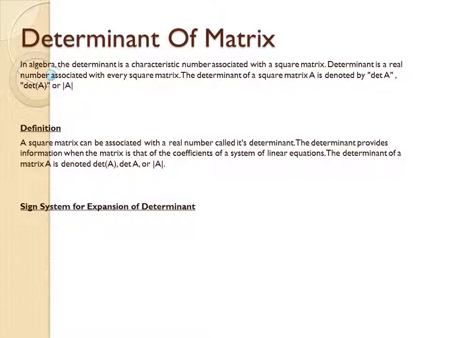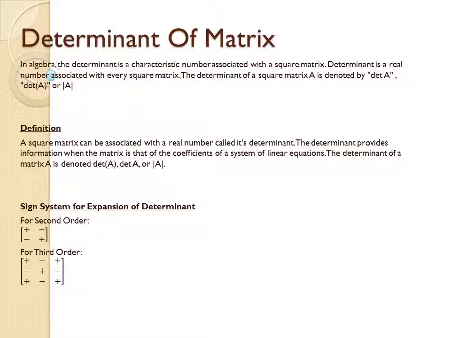Let's see the different sign systems for expansion of a determinant. For a second order matrix, the signs are: first term plus, second term minus, so a11 is plus, a12 is minus, a21 is minus, a22 is plus. For a third order matrix, it is plus minus plus, then minus plus minus, then plus minus plus again.